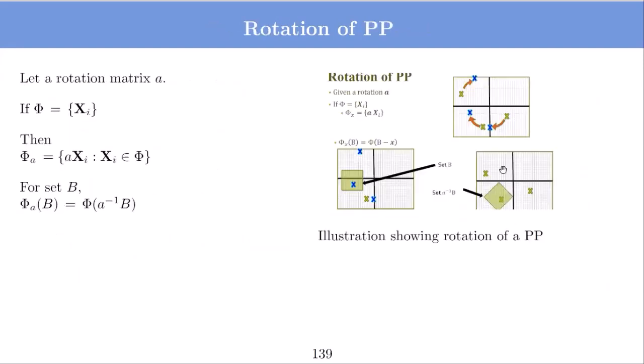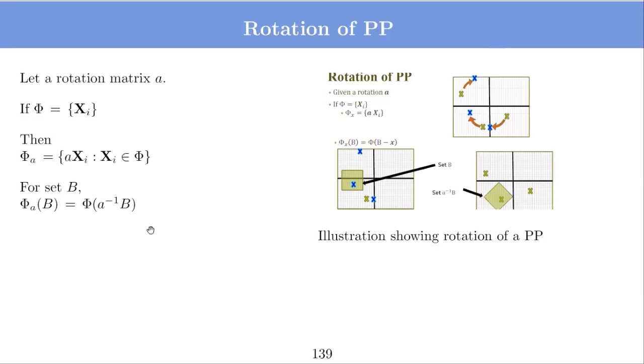Similarly, next comes the rotation of the PP. If you have a point process xi, then phi A is made by rotating xi by rotational vector A. So you take each realization and rotate it by some angle, and the new points will be the new realization.